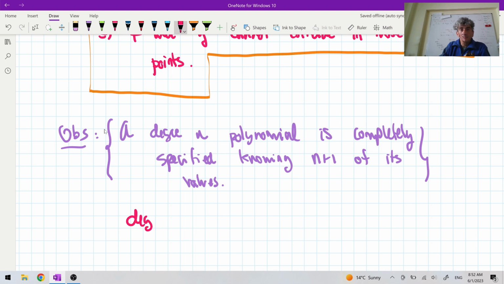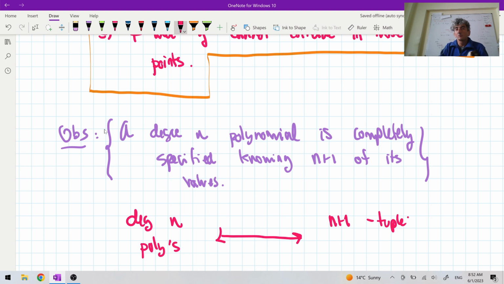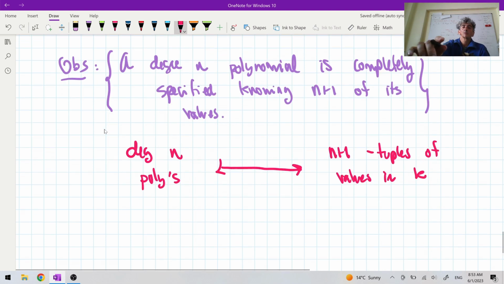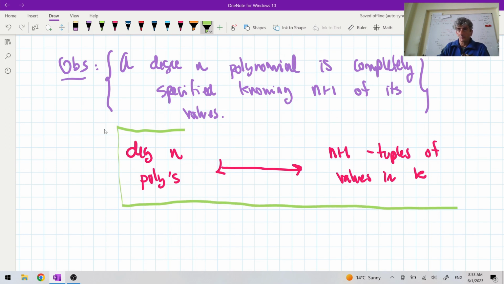Degree n polynomials are in correspondence with n+1 tuples of values in K. We're going to exploit this very, very much. Okay, so this is of utter importance for us.